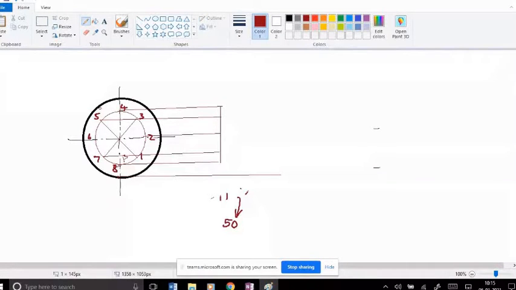Sir, we have to draw from the distance of the generating circle? Yeah, the distance of the generating circle. That's what I tried to explain, because the movement of P is defined by the generating circle, not the imaginary circle.